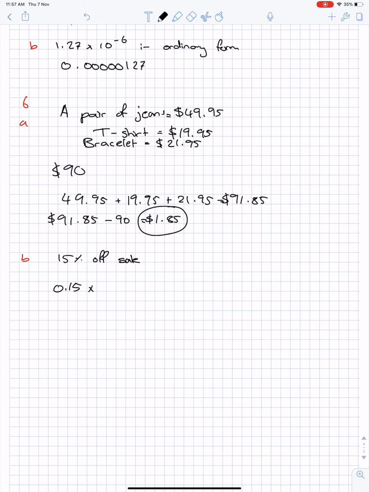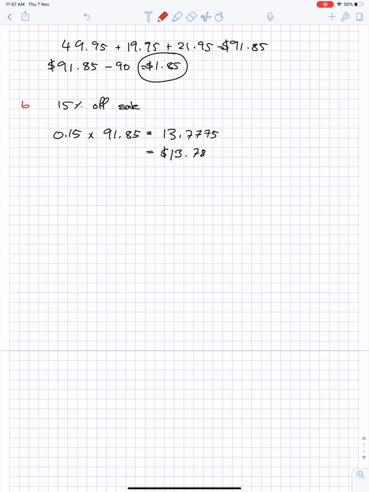Let's say there's only one way to do it. 0.15 times 91.85 is 13.7775. So she will save $13.78 if she waits for the sale the next day.